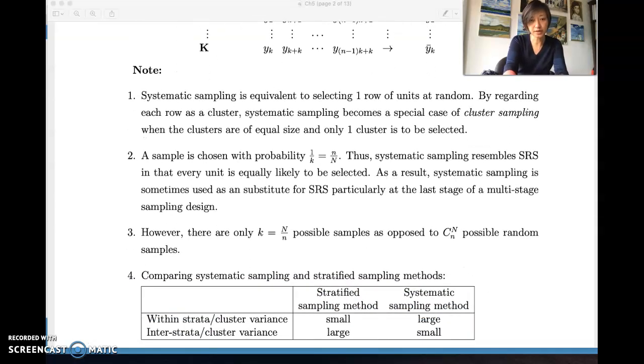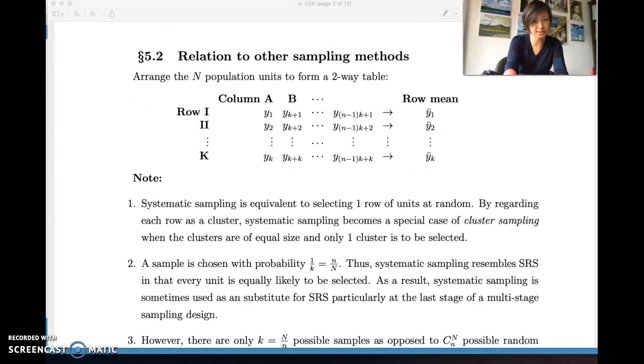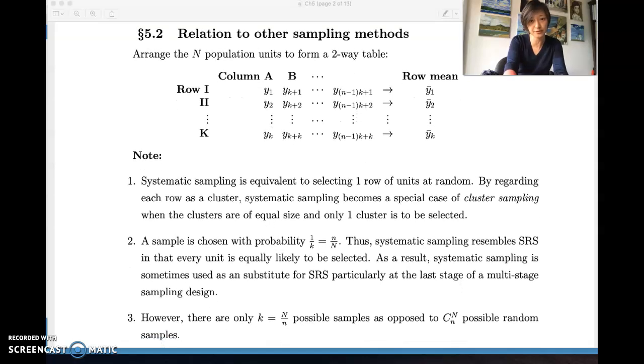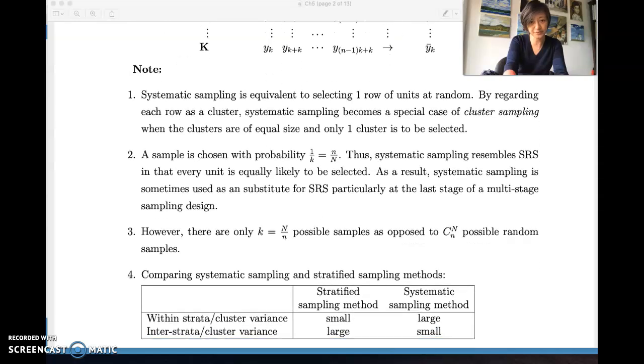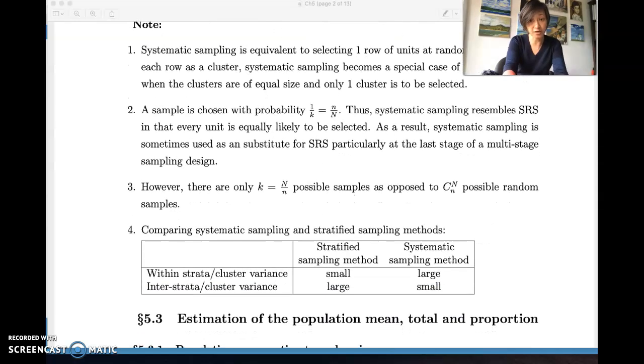However, there are only k possible samples. If we look at this example with 100 students, we only have 5 possible samples to be chosen in a 1 in 5 systematic sample, instead of N choose n possible samples.